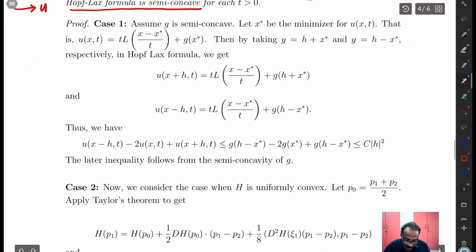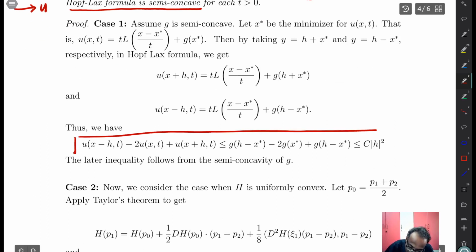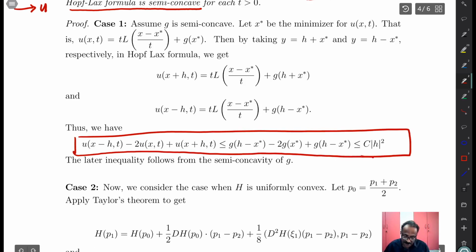So finally what you get is that g is semiconcave. So the first case is when we assume g is semiconcave. Using the semiconcavity of g, you prove the semiconcavity of u with respect to x for every t.